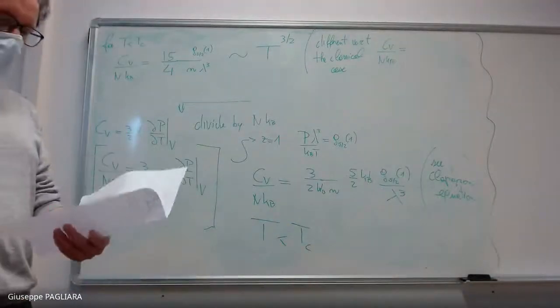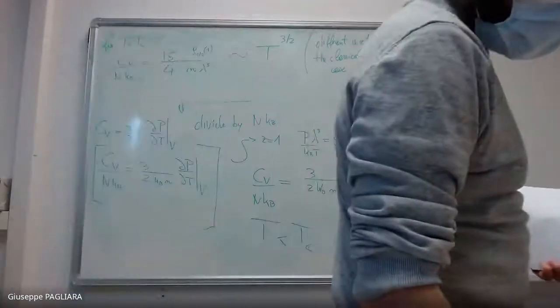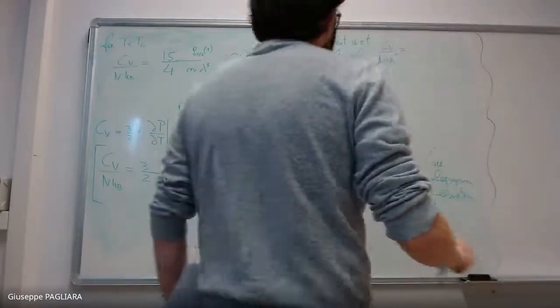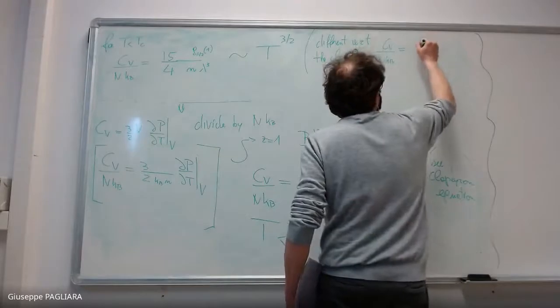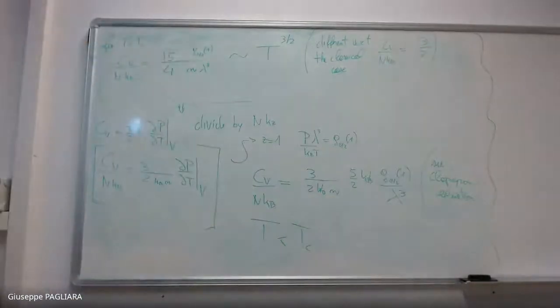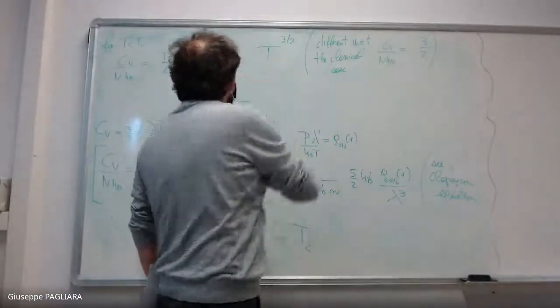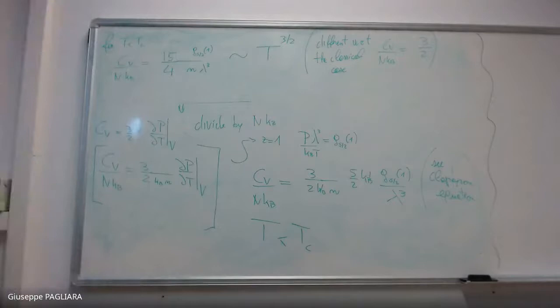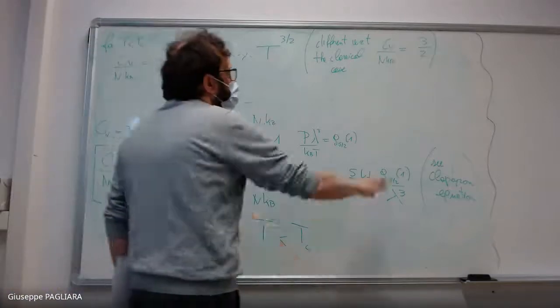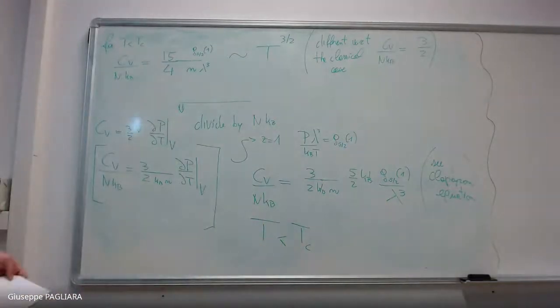And actually we will recover this constant later, and this is the 3/2, the classical result, from the 3 spatial directions. So instead, here the specific heat goes to 0 as T to the power of 3/2, whereas in the classical case this is a constant. So this is a first correction, which is of course an important correction.